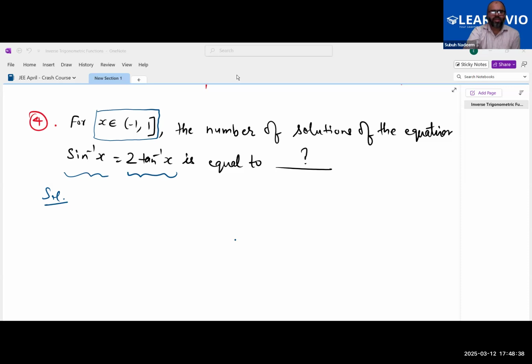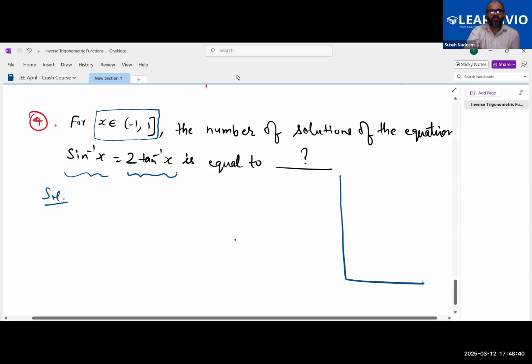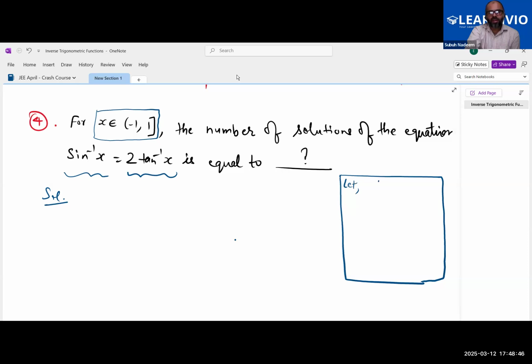You can proceed here like this also, as we have done in the first question, with a little change. Let tan inverse x is equal to theta. We are concentrating on the right hand side. This means that tan theta is equal to x. Now on the right hand side, 2 tan inverse x is given, so 2 tan inverse x means 2 theta.